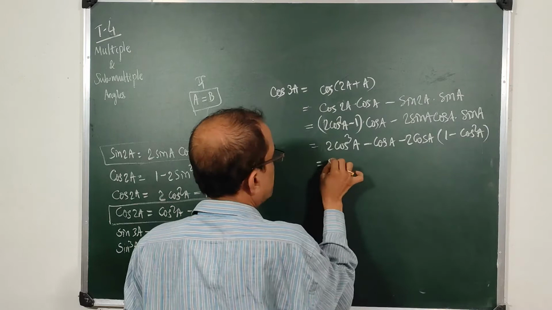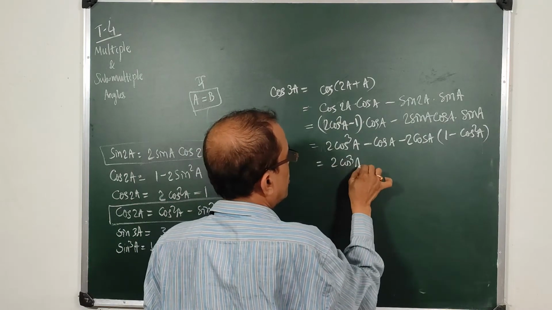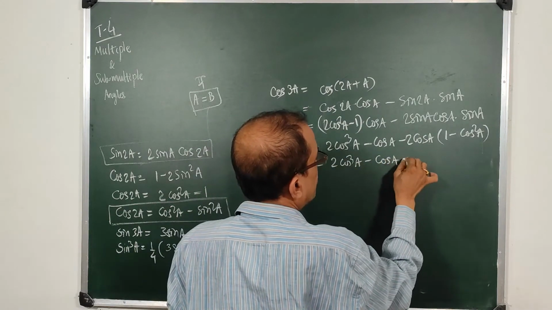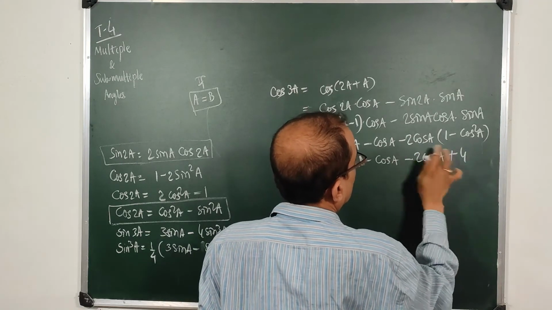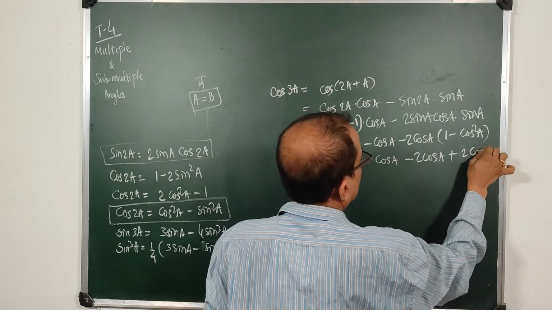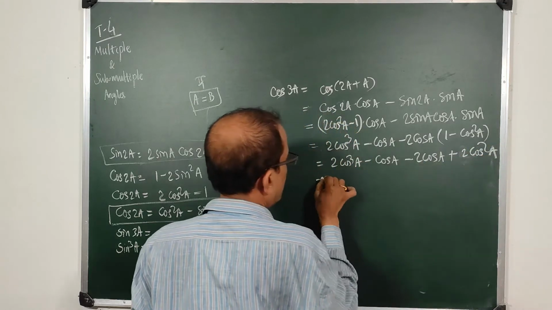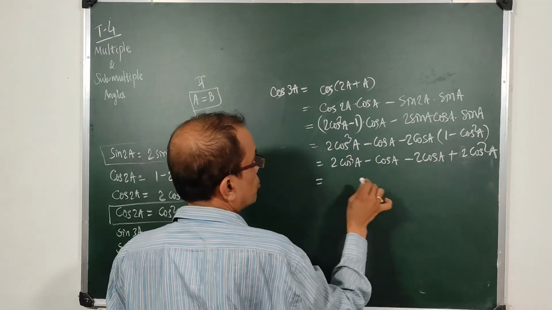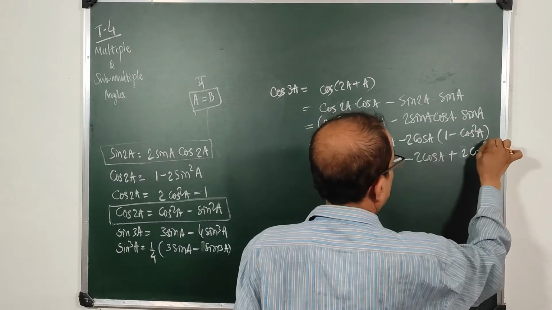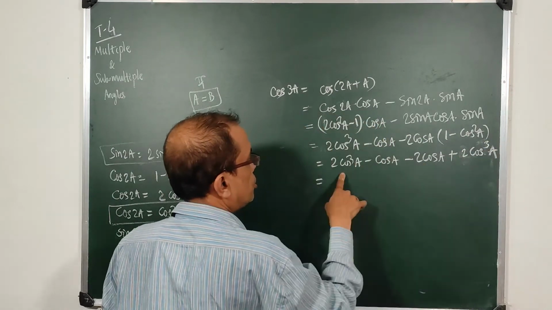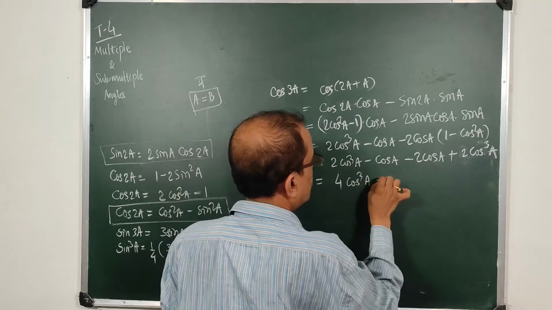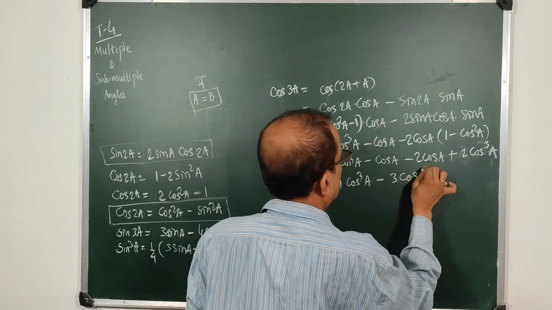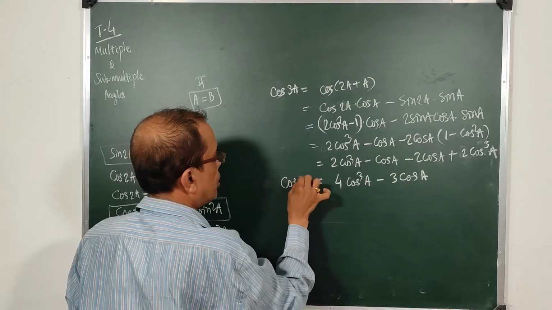So multiplying this you get 2 cos cube a minus cos a minus 2 cos a plus 2 cos cube a. So these two add up to 4 cos cube a and these two to minus 3 cos a. So this much is cos of 3a.